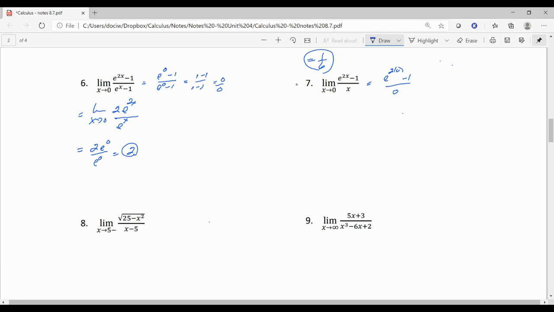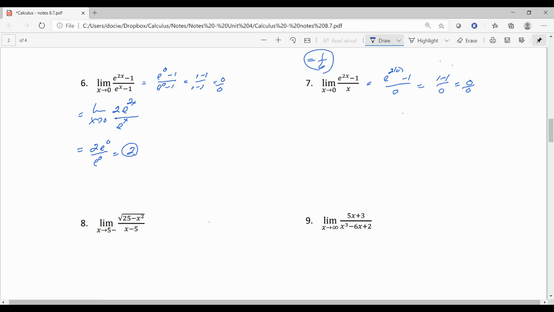Now, e to the 2 times 0, 2 times 0 is 0, e to the 0 is 1. So we have 1 minus 1 over 0 equals 0 over 0, which is an indeterminate form. L'Hopital's rule will only work when you have an indeterminate form, 0 over 0.